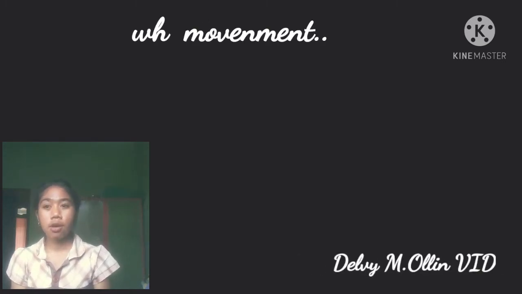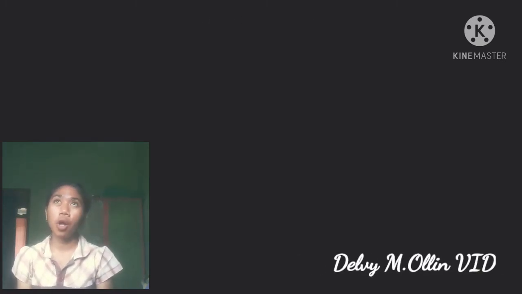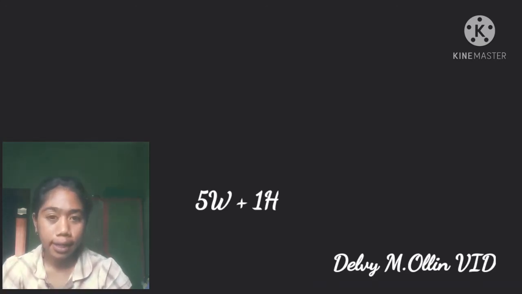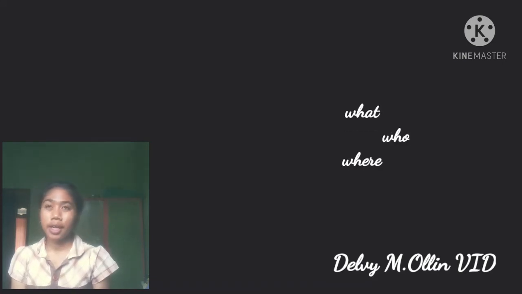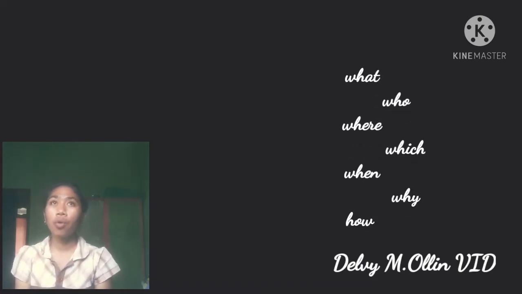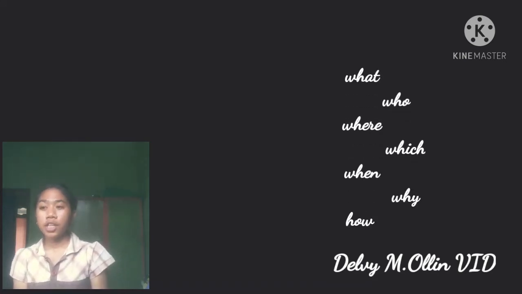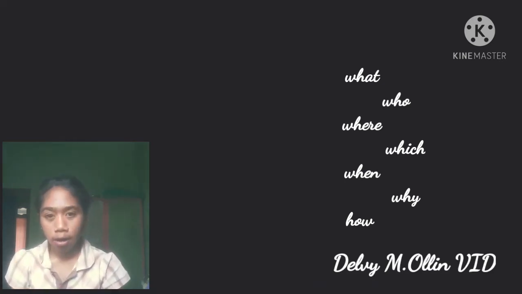Now I want to tell you the way of moving phrases with WH questions, and it is usually called 5W plus 1H questions. It usually appears at the beginning of the sentence. It's like what, who, where, which, when, why, and how.